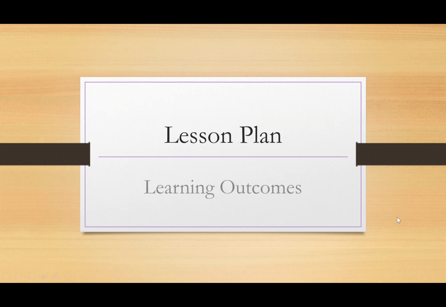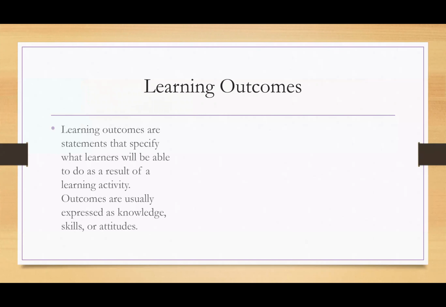This video will focus on another element of a lesson plan, which is the learning outcomes. When we talk about learning outcomes, we are talking about the statements that specify what learners will be able to do as a result of a learning activity.